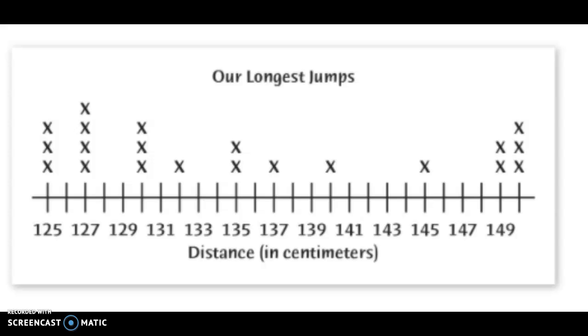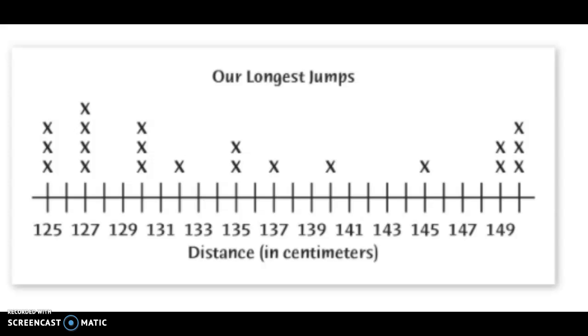So take just a second and look at our data and see what you notice about it. Some of you may think that using a line plot has made it a lot easier for us to notice and tell the number of centimeters that we had in our jumps. However, we're no longer able to see the names associated with those jumps.